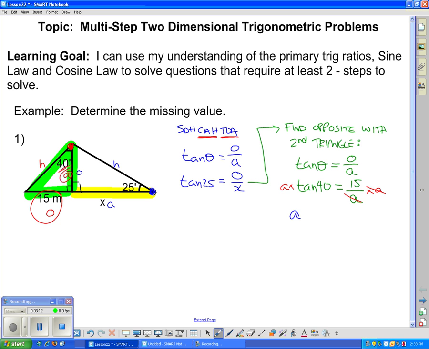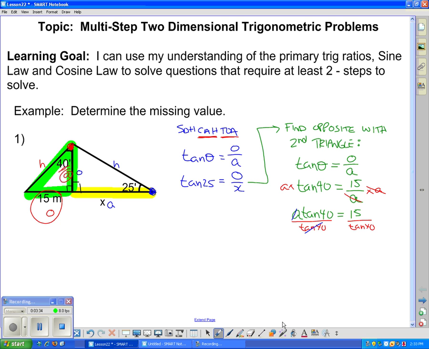So A tan 40 equals 15. I'm going to divide both sides by tan 40 to get my A value, again because it's an inverse operation.